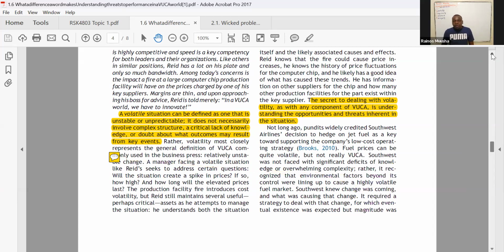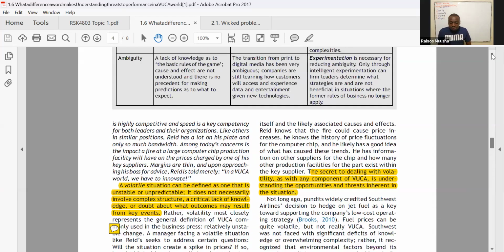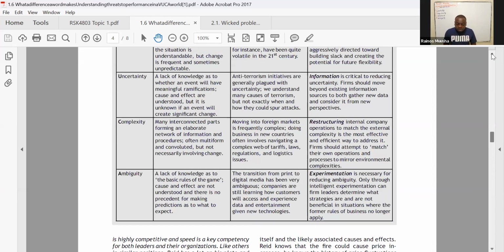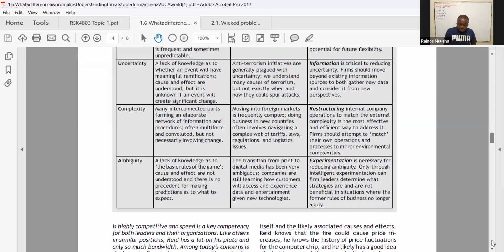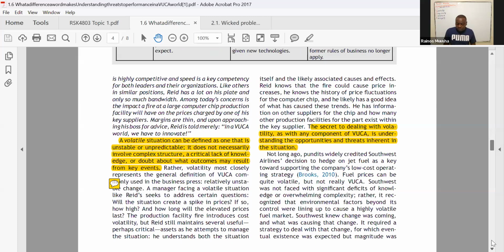So which means when you look at a situation that is described as volatile, you can see the situation coming, but what you don't know with certainty is exactly the magnitude at which it's going to affect your organization. So in short here, the secret to dealing with volatility, as with any component of VUCA, is understanding the opportunities and threats inherent in the situation.